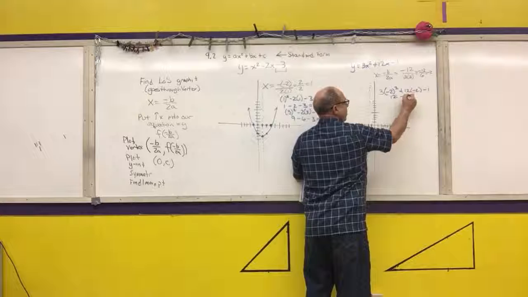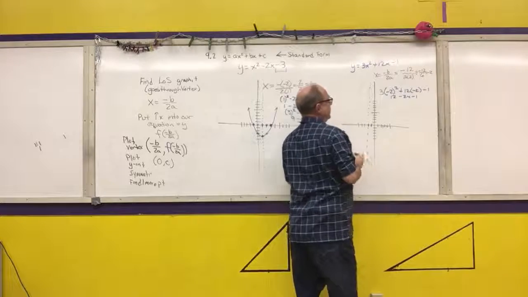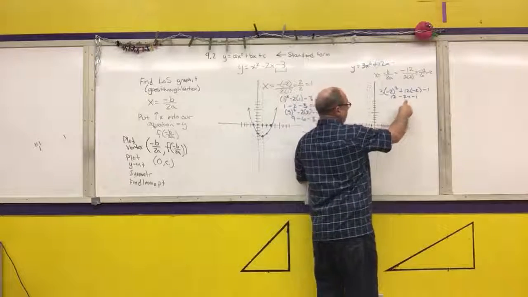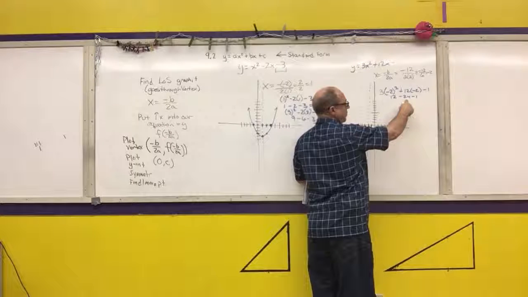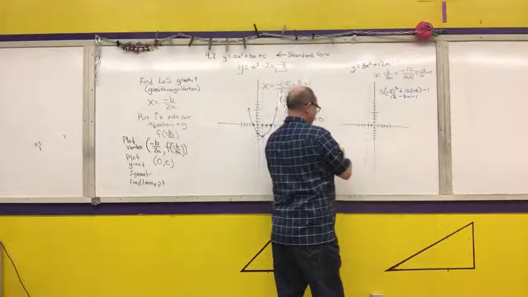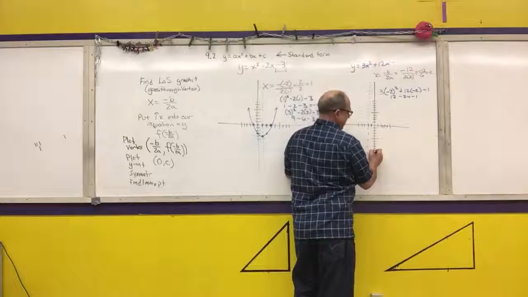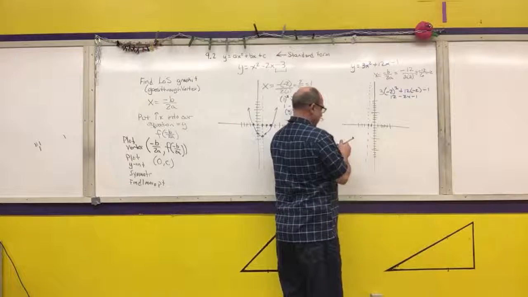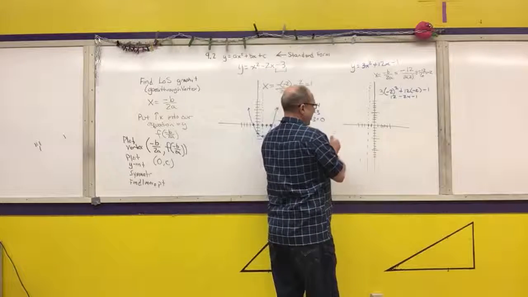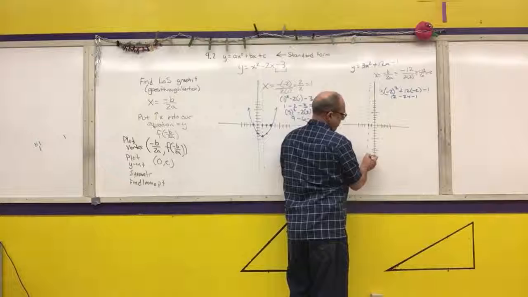Minus 24. Minus 1. So 12 minus 24 is negative 12. Negative 12 minus 1 is negative 13. And the vertex is at negative 2, negative 13.